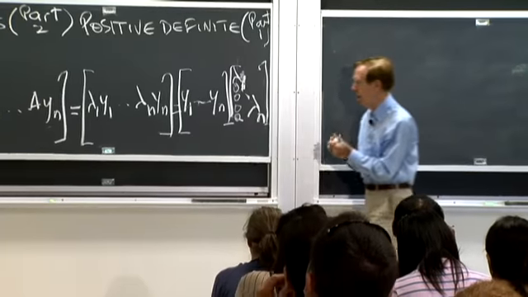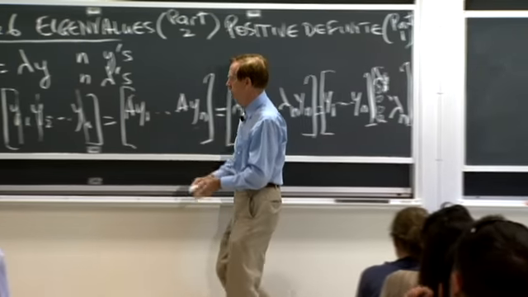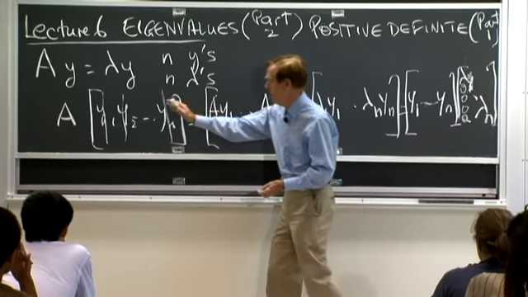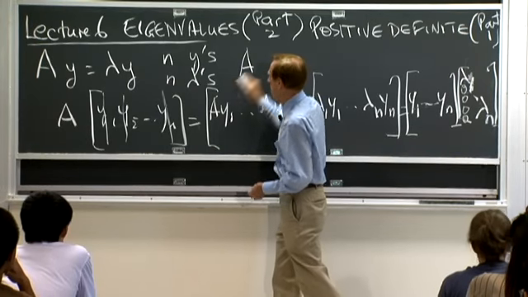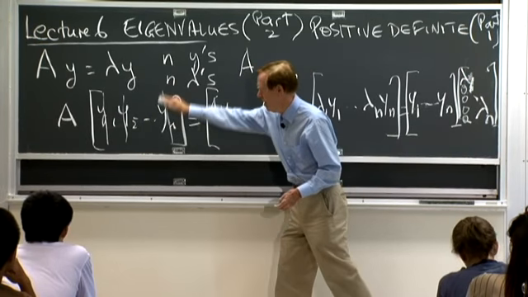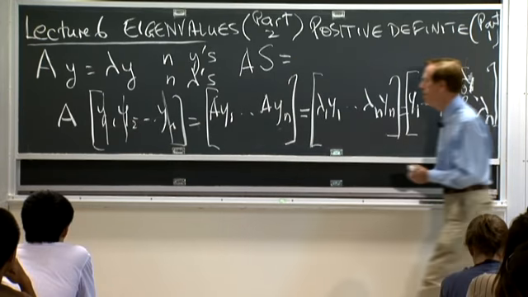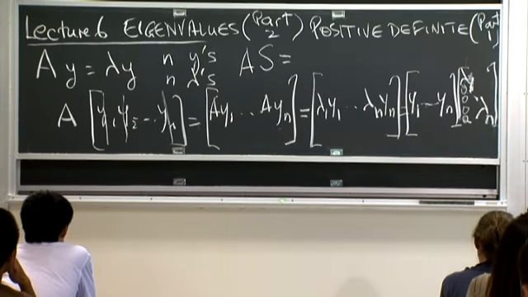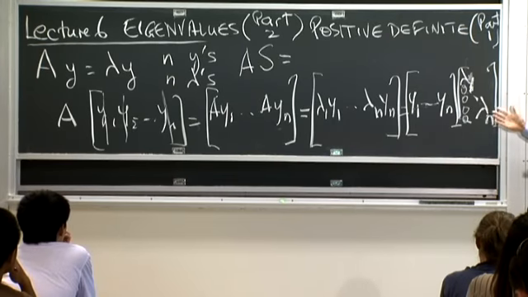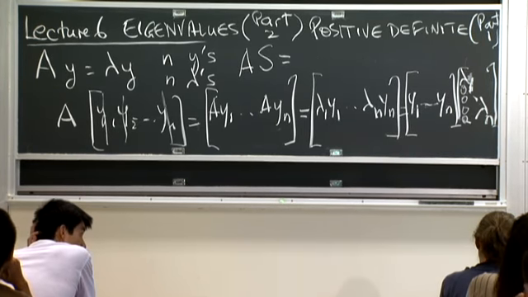So it got a little squeezed near the end there. But let me write above, the result is just A times this eigenvector matrix that I'm going to call S. So this is A y equals lambda y for all n at once. A times S is, what have I got here?